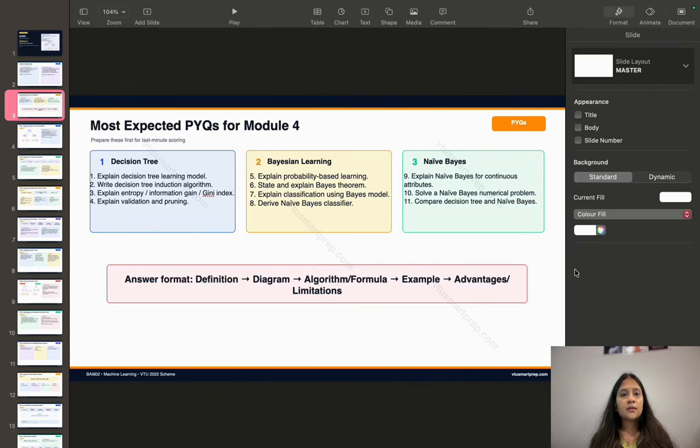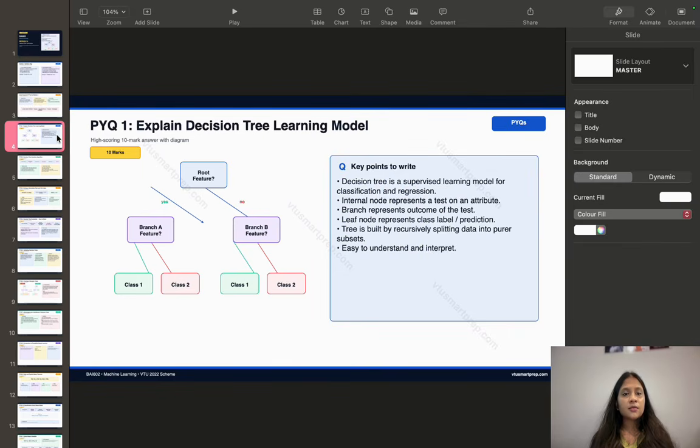In the next slide you can see the first question. Here I'm going to start, and whoever is reading at the last moment and is confused about where to start and what to read, even if they go through this question and whatever answers I have mentioned in the slides, you can just read these points, try to remember them, and write them down in your exam.